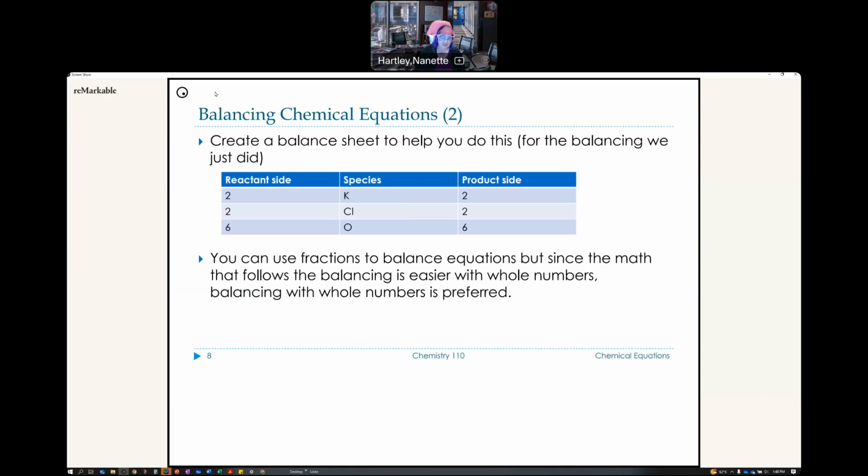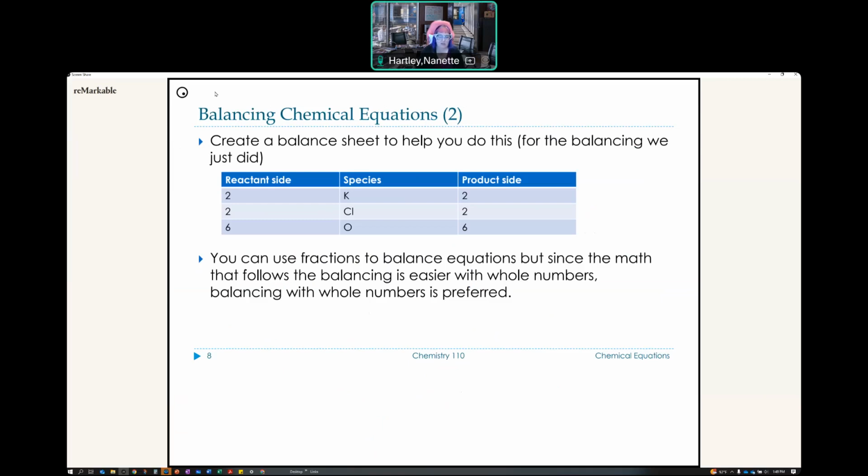Because once I get to the 7/2, I could multiply everything by 2 to get rid of the 7/2. So if I multiply everything by 2, then I just have a 7 and not a 7/2, right? So I can do that, and the whole numbers are preferred, all right? But I don't care if you do that. As long as it's balanced, it's fine. So you can leave the halves if you have them.